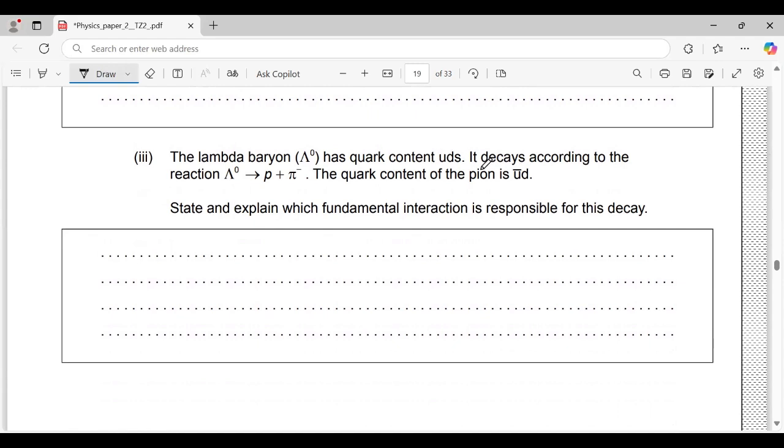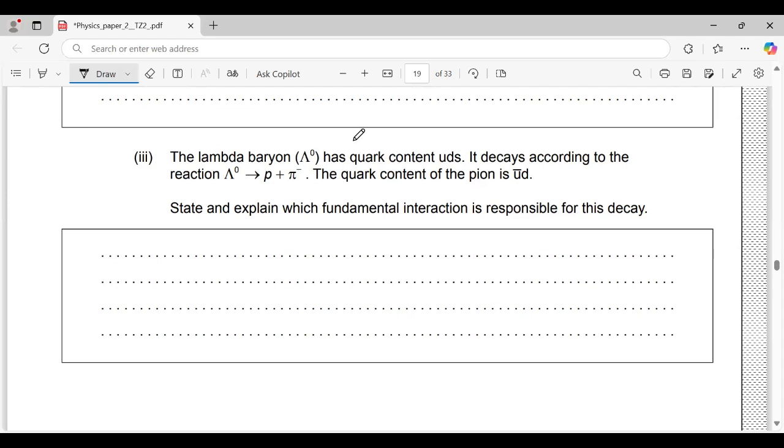So the lambda baryon decays according to this reaction: the lambda baryon becomes a proton and a pion. The quark content of the pion is an antiquark and a down quark. So that is the pion. State and explain which fundamental interaction is responsible for this decay.